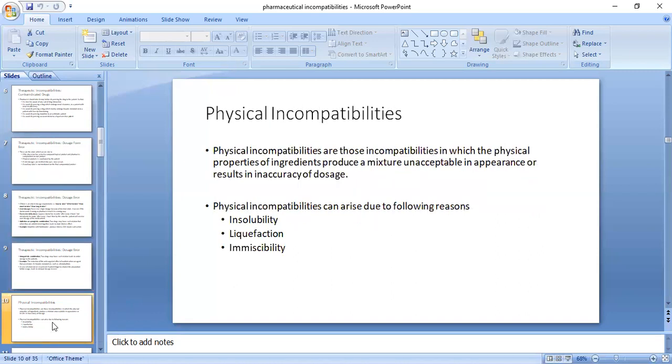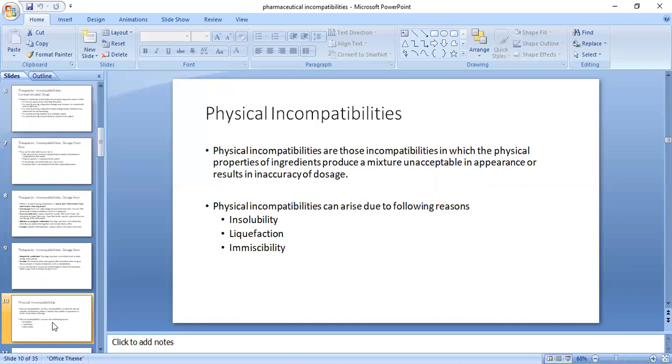Then we come to physical incompatibilities. Physical incompatibilities are those incompatibilities in which the physical properties of ingredients produce a mixture unacceptable in appearance or that results in inaccuracy of dosage. Physical incompatibilities can arise due to the following reasons.